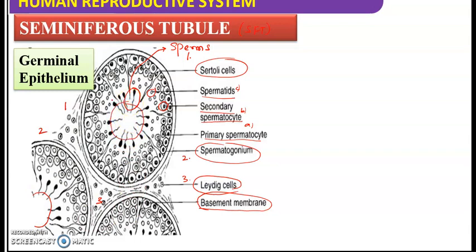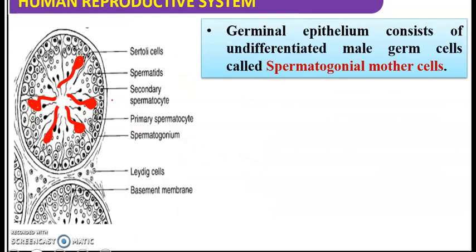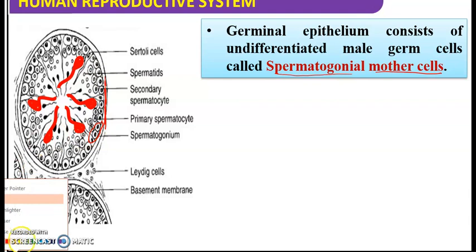So let us talk about each and every cell clearly. The first we are going to talk about is the spermatogonial mother cells. Spermatogonial mother cells are these spermatogonium, these cells which are lining the germinal epithelium. This is the germinal epithelium, right? Let me take another color so that it's not in contrast.